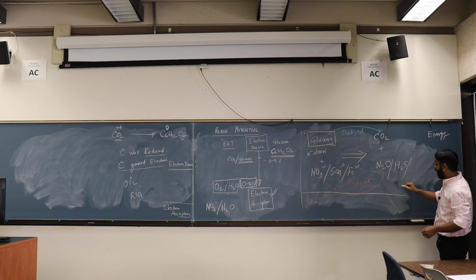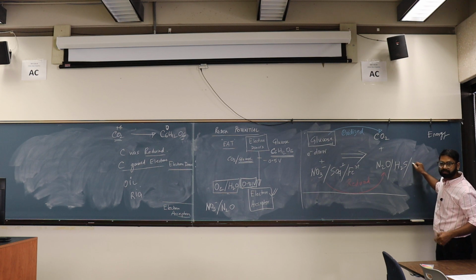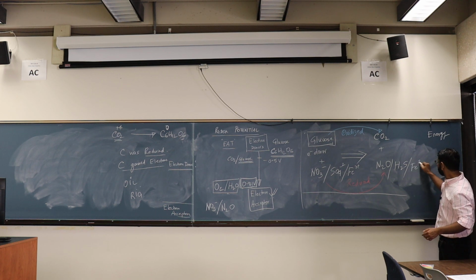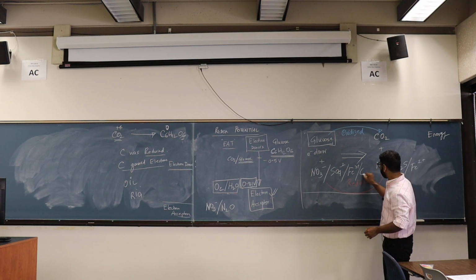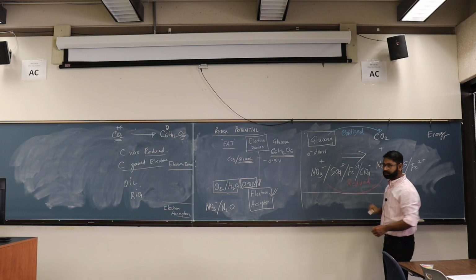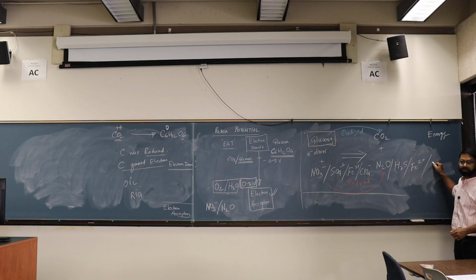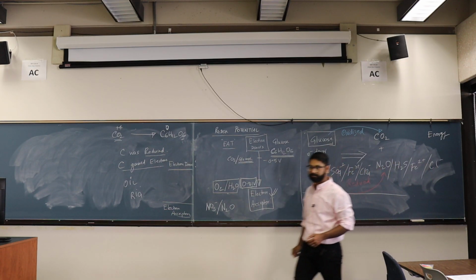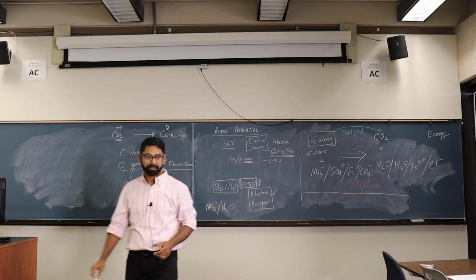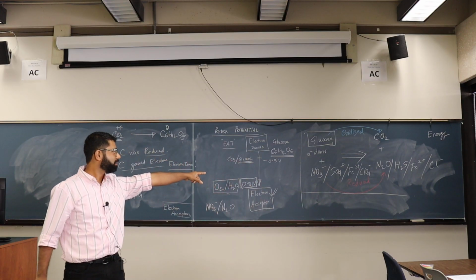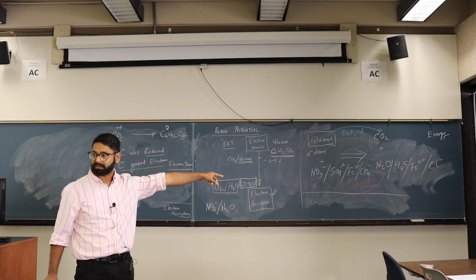Sulfide. Iron 3 will be producing what? Iron 2. Can you have perchlorate? Yes. What will perchlorate produce? Chloride. These are all examples of anaerobic respiration.